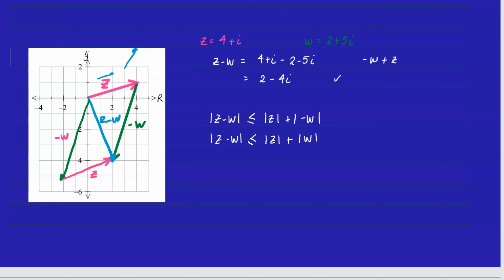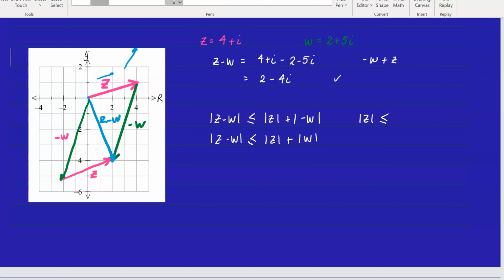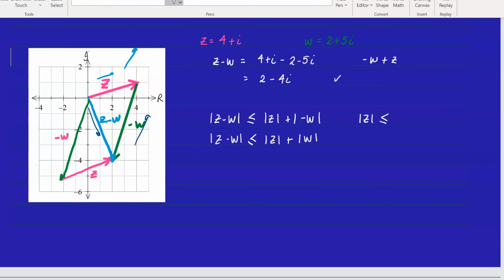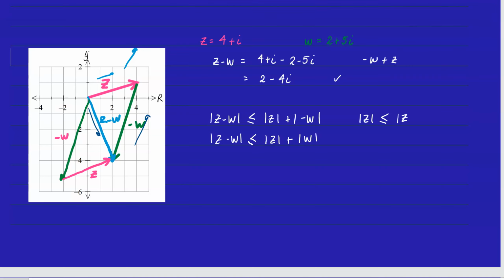And similarly, like we did before, if we looked at taking z as that length, we could go the modulus of z, that would be less than or equal to, again, going tip to tail, that one, z take w, plus w. So that would be less than or equal to the length of z minus w plus the length of w, but again, we're talking about the lengths, so we can get rid of that negative there.